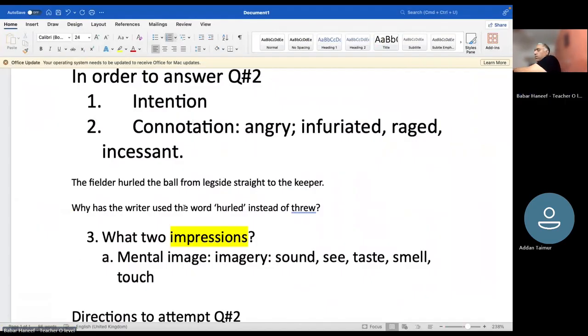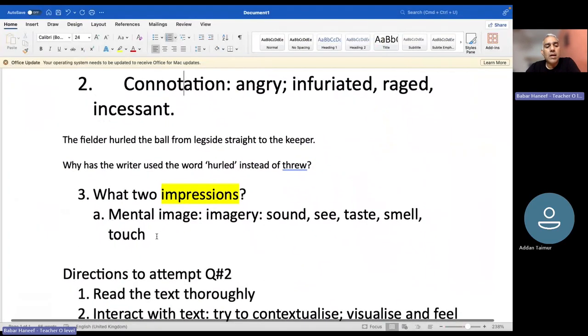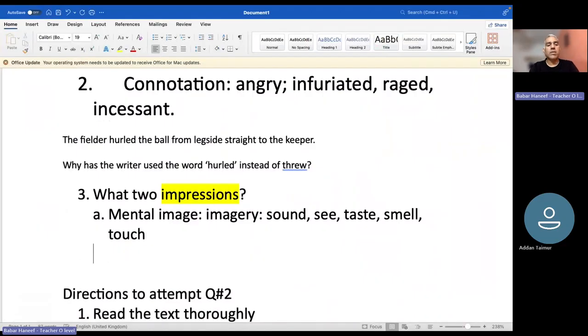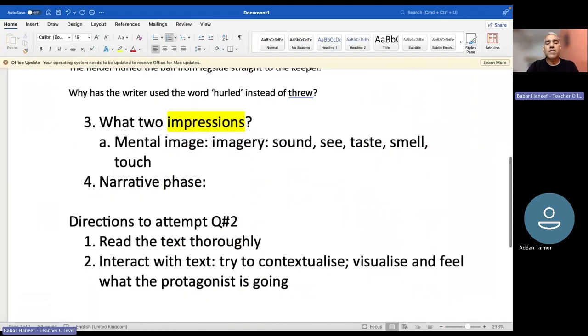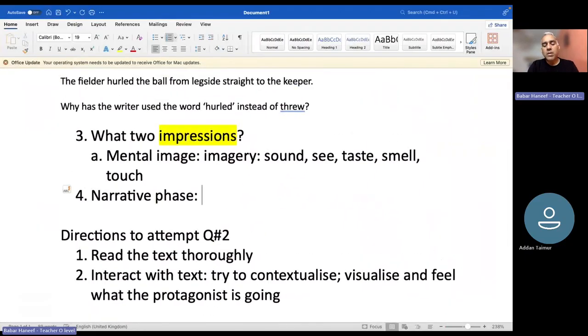And one thing more you have to look for is the question: what is the writer suggesting at this moment of the story? That is to do with the narrative phase. Narrators have different phases. For example, there is a climax, which is a turning point in a story.